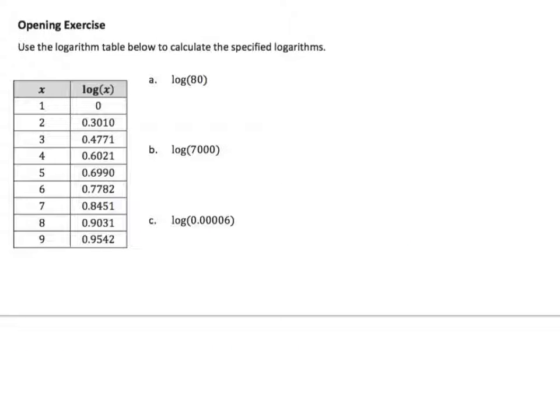So let's review a little bit of what we did yesterday. We're going to use this little logarithmic table and calculate some specified logarithms by splitting them up like we did yesterday. So we can look at log of 80 and say that's the same as log 10 to the first power times 8, which is 1 plus log 8, which is 0.9031.